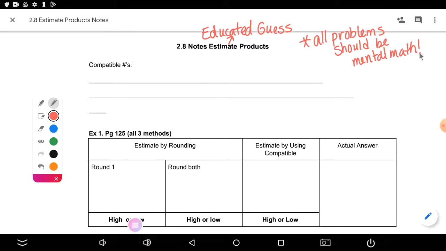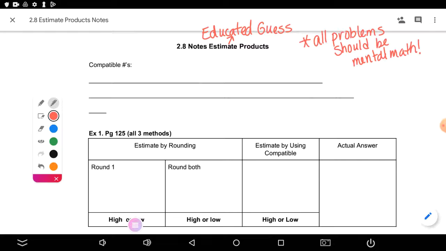Meaning, if you're having to go out to the side and do algorithm, you're doing it wrong. Okay? Estimating should be easy problems. I'm not saying getting the estimate is always easy, but the math problem involved in an estimate should be mental math. So if you look at it and you cannot do it mentally, you have it incorrect.